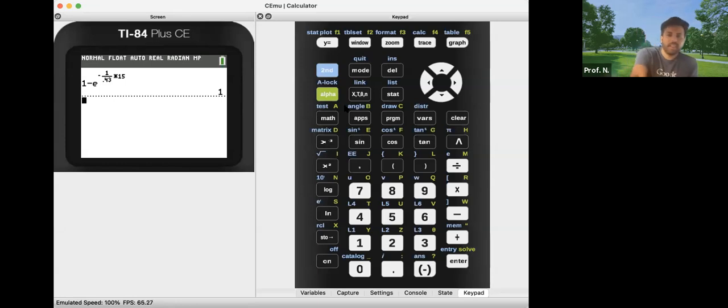No. Parentheses, no. It's not. I typed in everything correctly. It's just that I used one wrong number. And it doesn't have to do with the parentheses in the calculator. It has to do with the parentheses in the question itself.